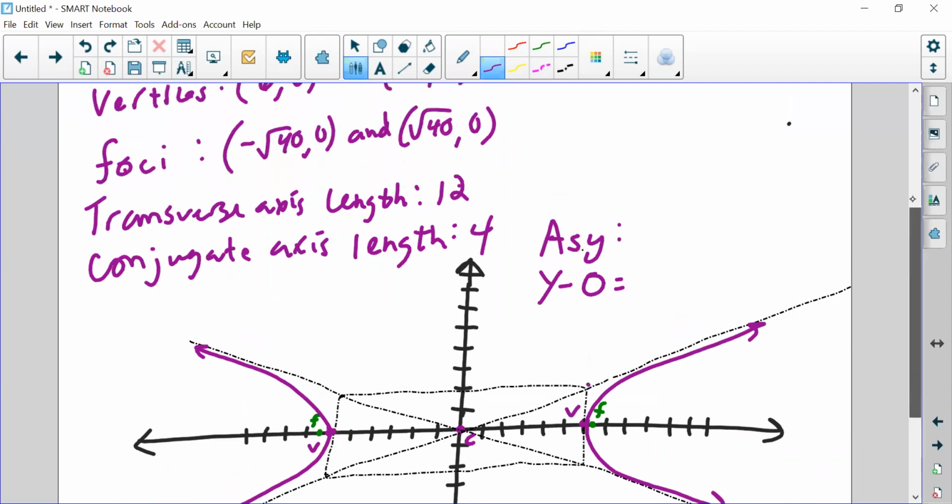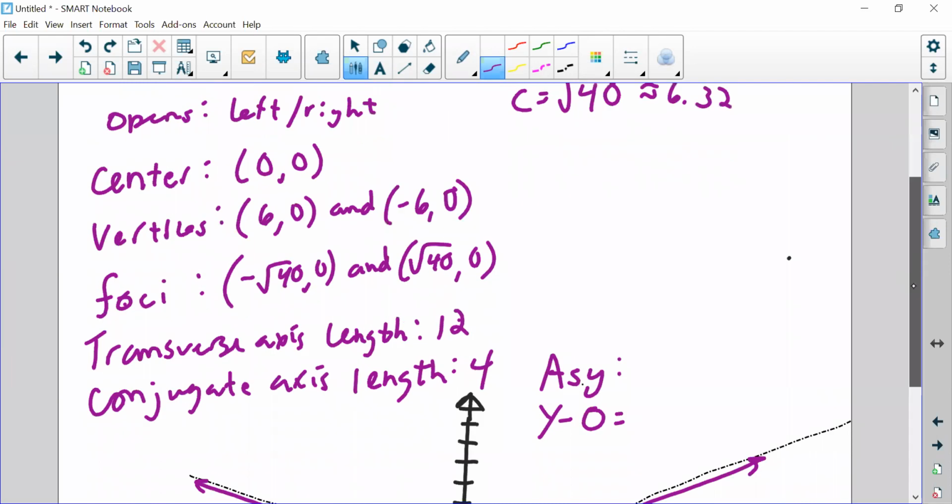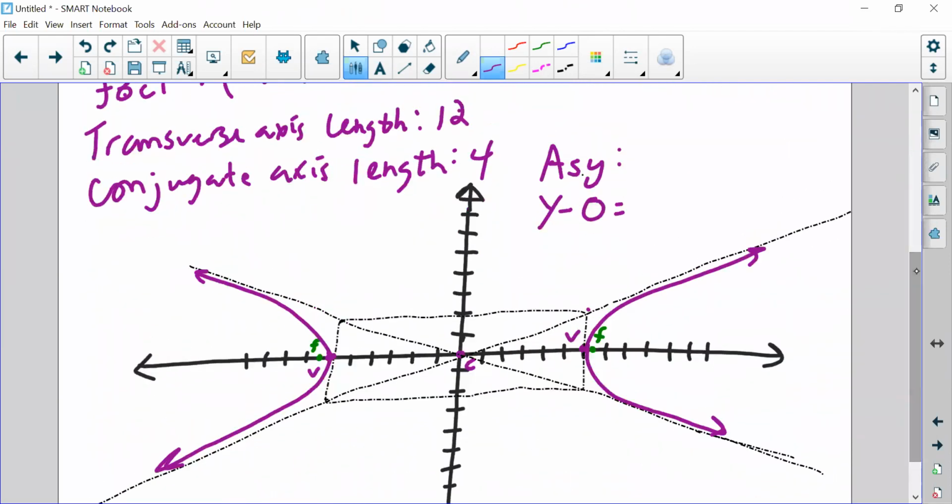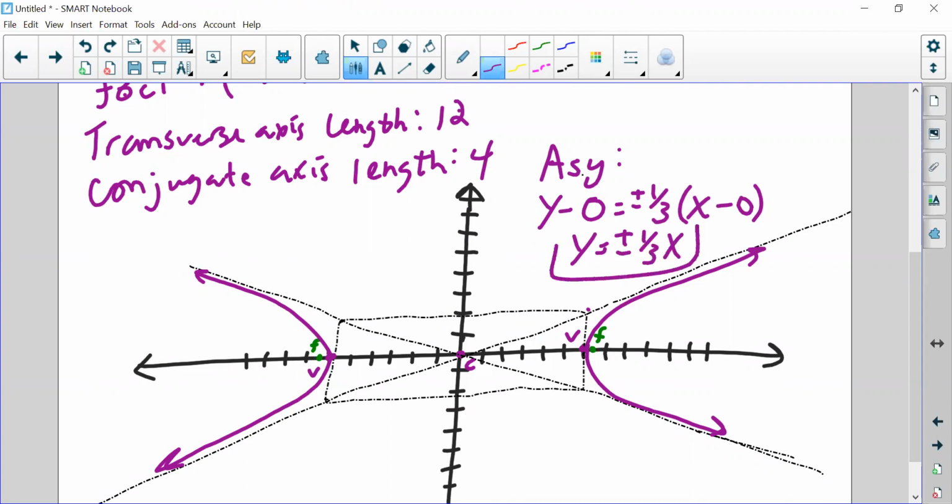So what would be my slope? 1/3. So plus or minus 1/3 times x minus 0. Simplifying that down, that gives us y is plus or minus 1/3 x. There's the equation of the asymptote. We finished up that part. Questions over this?